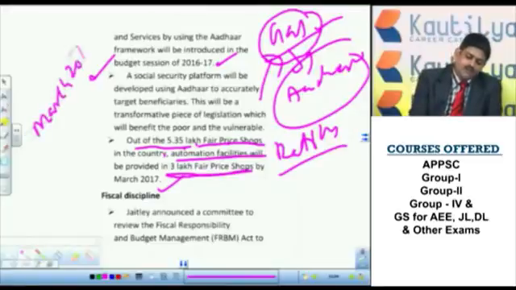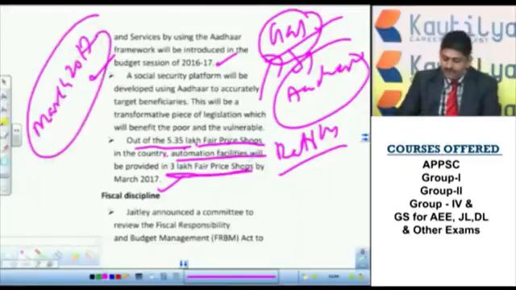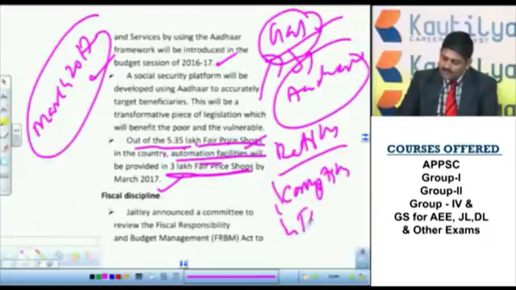This is the target. So what happens if these facilities are provided? It can control corruption. It can reach the targeted section. So it uplifts the poor people.